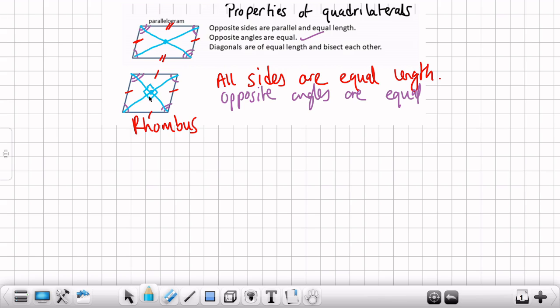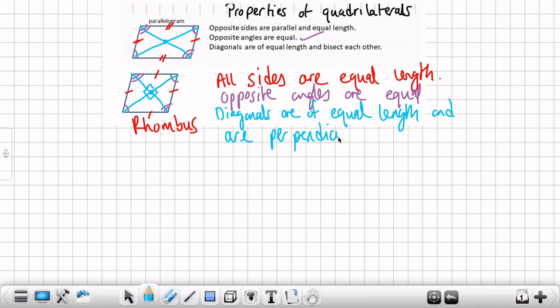Right, they're perpendicular to one another. So you can write down diagonals are of equal length and are perpendicular bisector of each other. Right, the definition of perpendicular and bisector we looked at in the previous video.